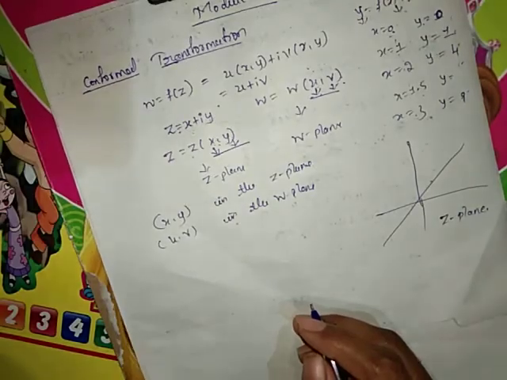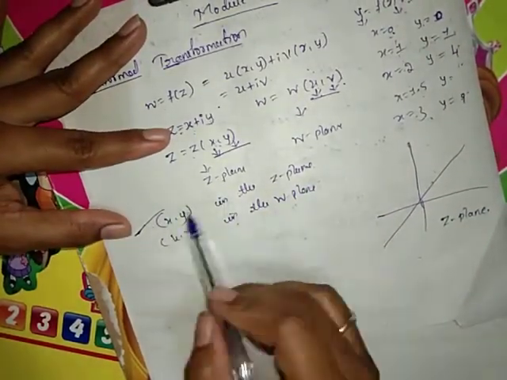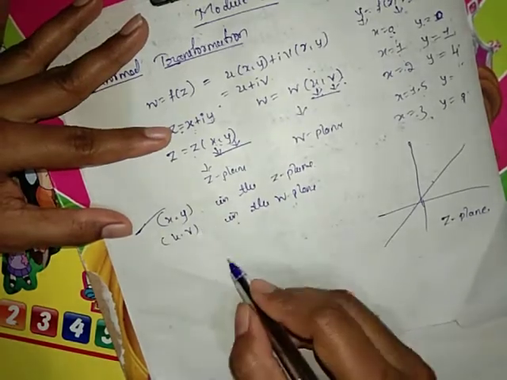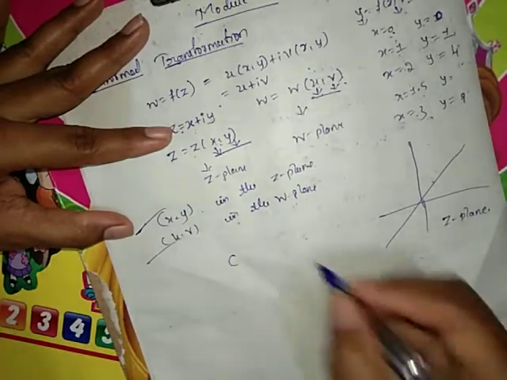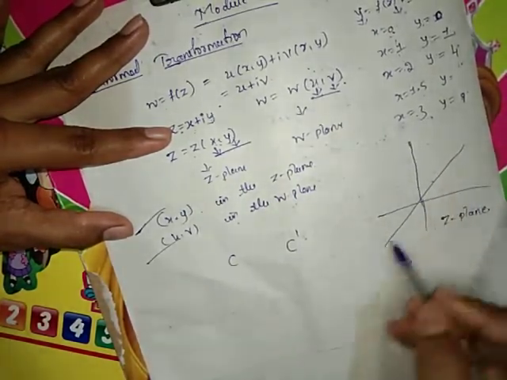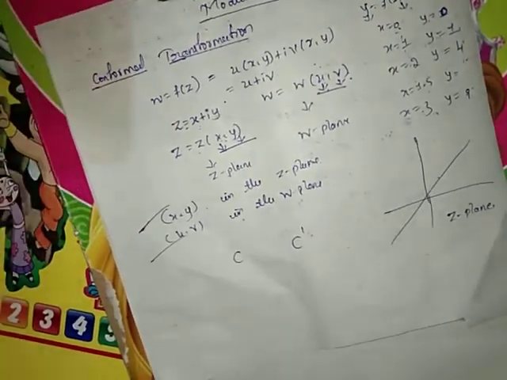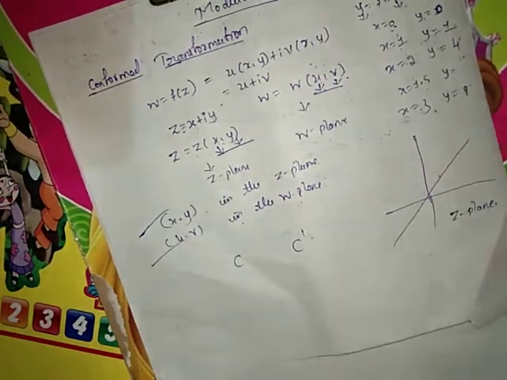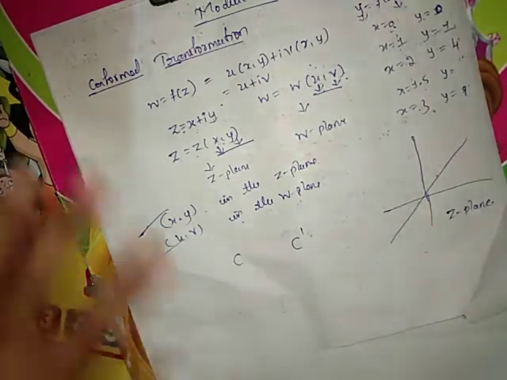From the set of the points x comma y, we can trace the curve C. Similarly, from the set of the points u comma v, we can trace the curve C dash. A curve is nothing but like this. We can draw a curve or a line in the z and w plane respectively by using the set of the points x comma y and u comma v.